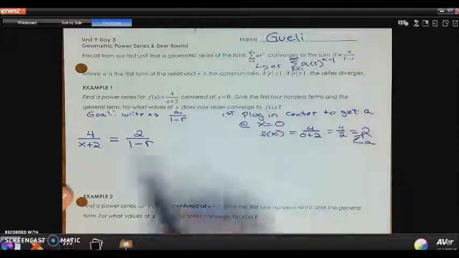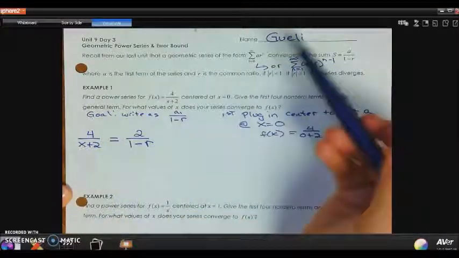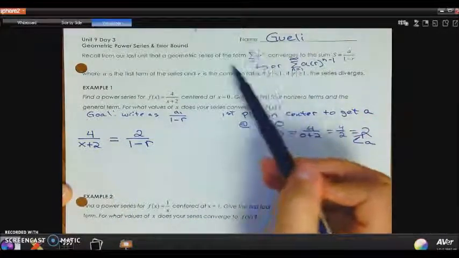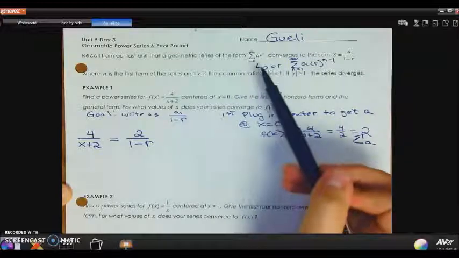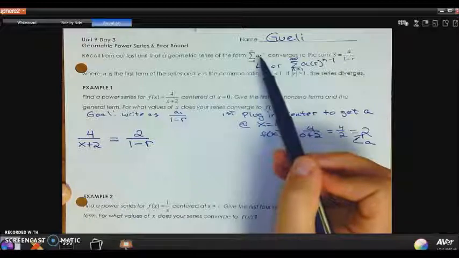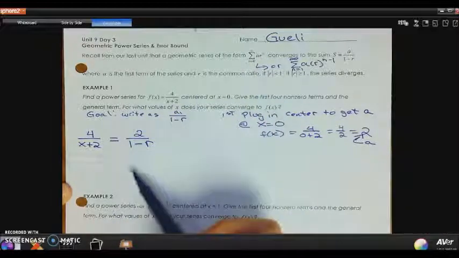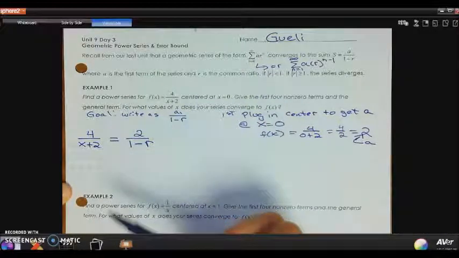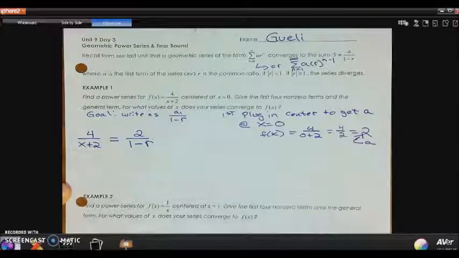That's okay. I want to solve this for r because my goal here is to be able to write it in this sigma notation. For this sigma notation, I need an a and an r. So it's okay that it's going to be in terms of x. If you think back to our previous notes, those polynomials that we had, they all had x's in them, right? So that's okay to have that as a variable.